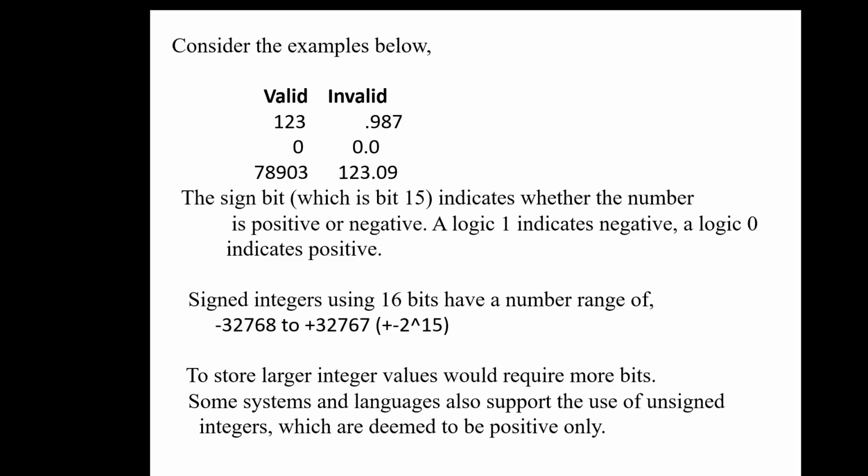The sign bit, which is bit 15, indicates whether the number is positive or negative. Signed integers using 16 bits have a number range of negative 32,768 to positive 32,767. That's 2-byte integers. To store larger integer values would require more bits. Some systems and languages also support unsigned integers, which are deemed to be positive only.